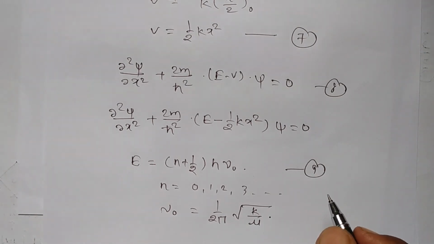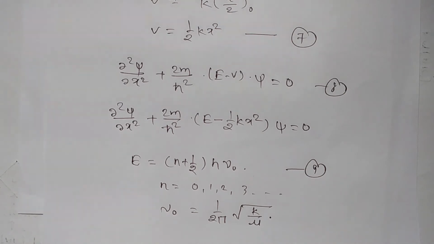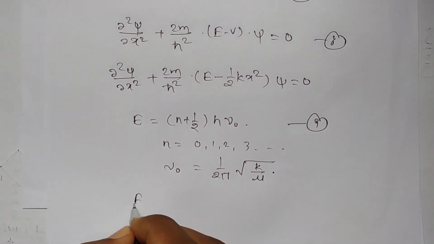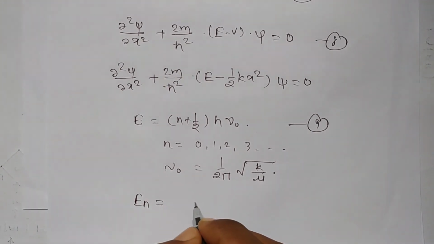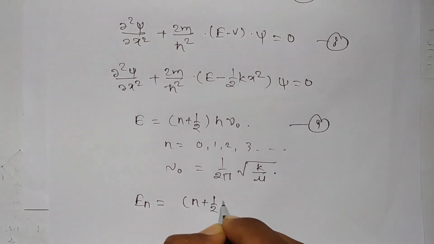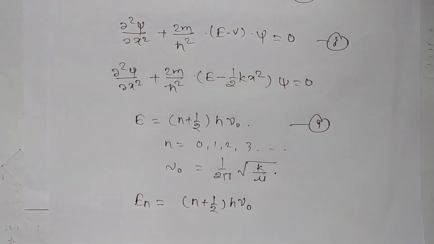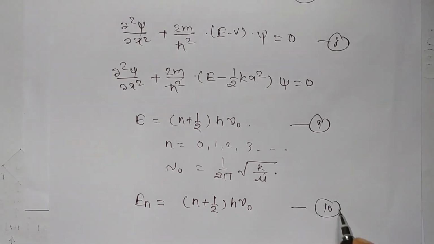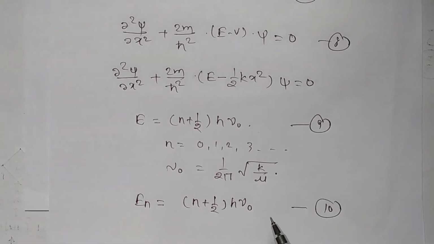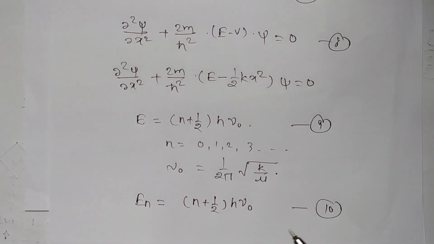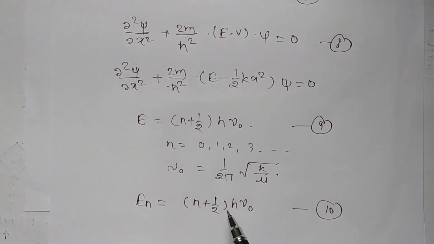The equation 9 is in terms of n, so we can rewrite this equation as En is equal to n plus 1 upon 2 h nu 0. So now we can find the vibrational energy levels of a diatomic molecule by putting the value of n like 0, 1, 2, 3 and so on.